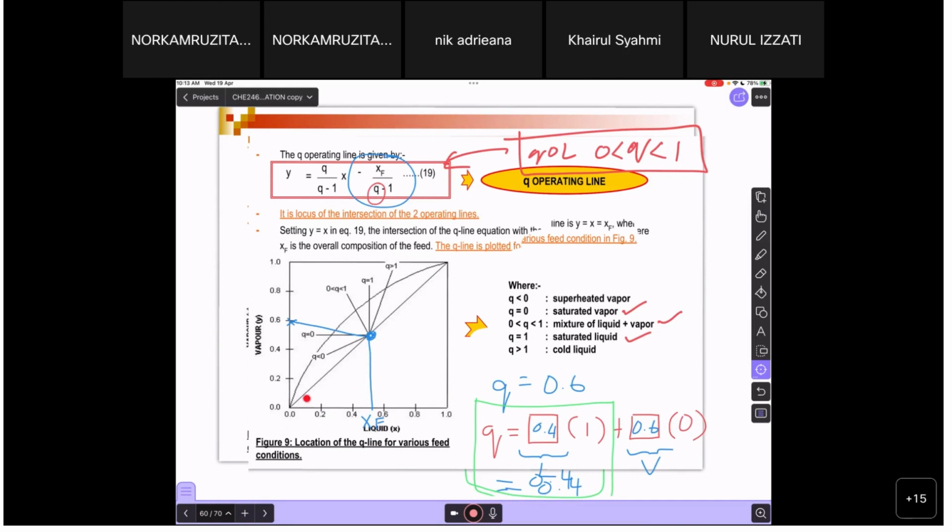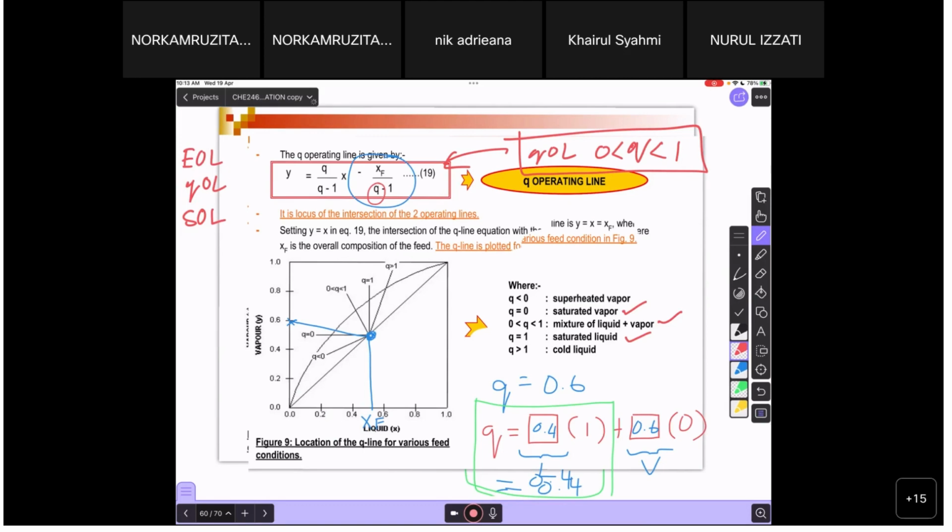This is quite a special case because you have 3 operating lines, and having 2 is enough to solve for the third one, because all 3 operating lines will meet at one particular point. So if 2 of them intercept, the other one will follow the same point to intercept.